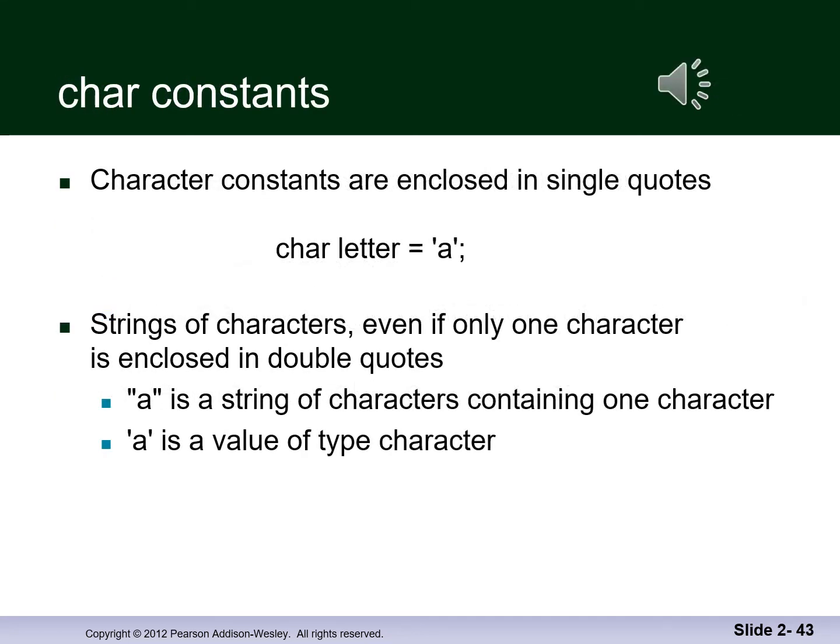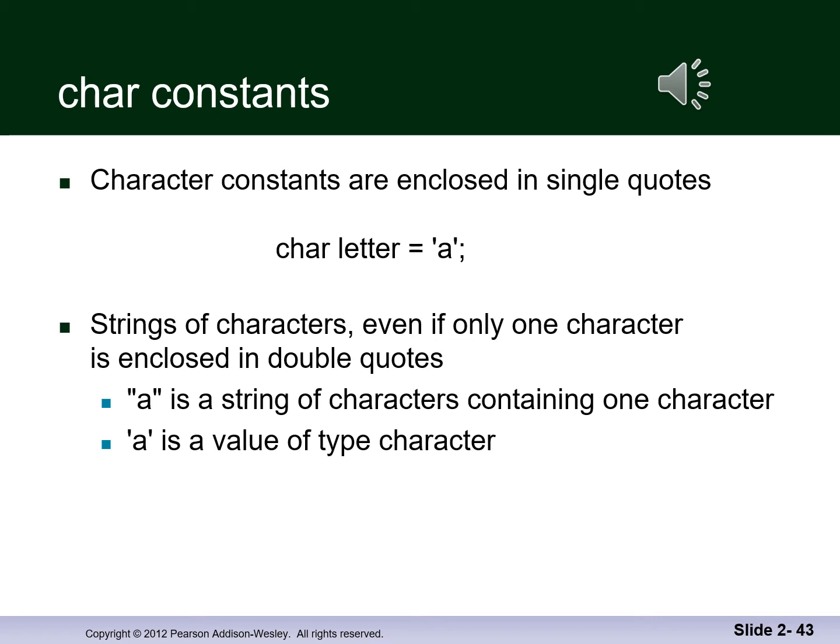You can also initialize a char when you're declaring it, and here's an example. We're setting up a memory location to hold a char. Its identifier is letter, and we are initializing it to the letter A. Notice character constants are enclosed in single quotes.